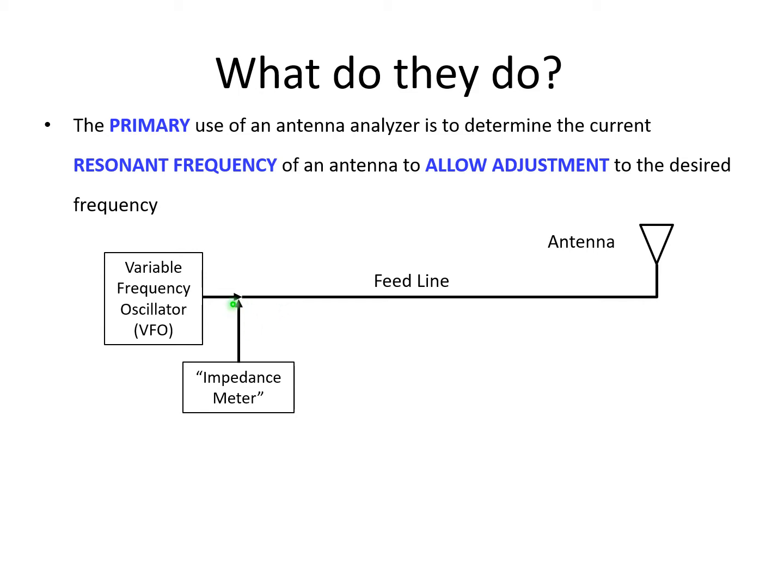And then it has to have some way of measuring the impedance that it sees at this point at that particular frequency. Remembering that impedance has two components, the resistive component, or the real component, and then the reactance component, either inductive or capacitive.